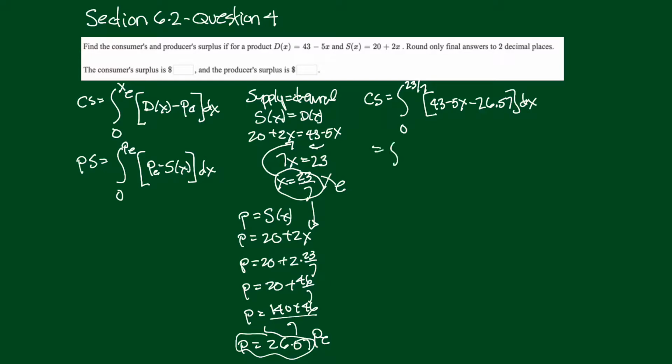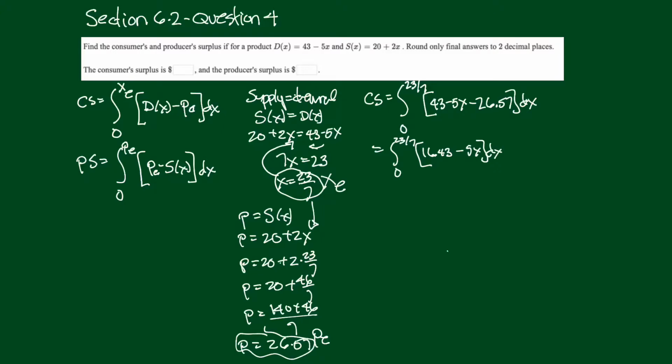Simplifying a little bit, we're going from 0 to 23 over 7 of 43 minus 26.57, which is 16.43, minus the 5x, dx.